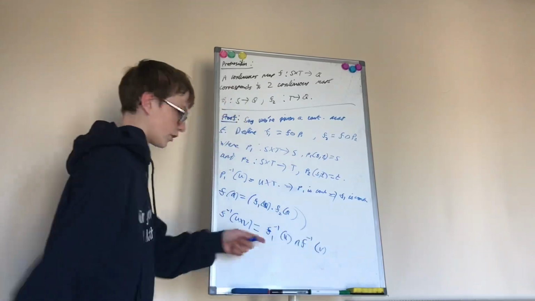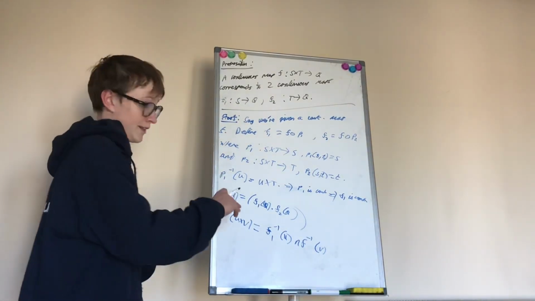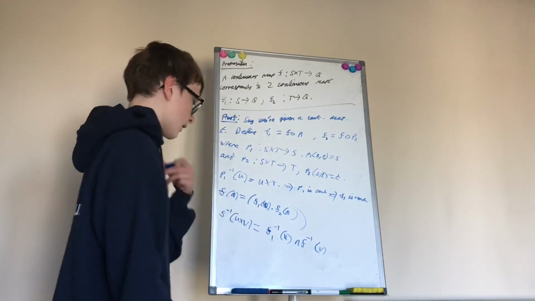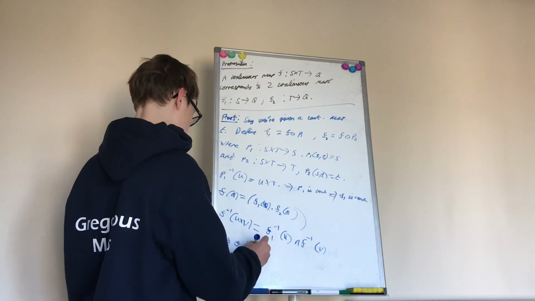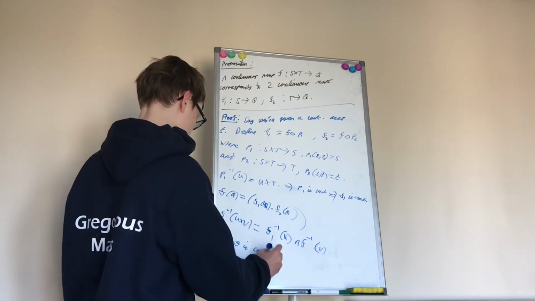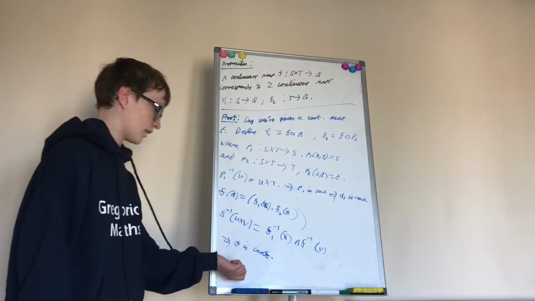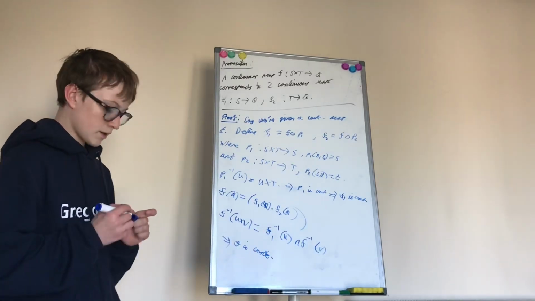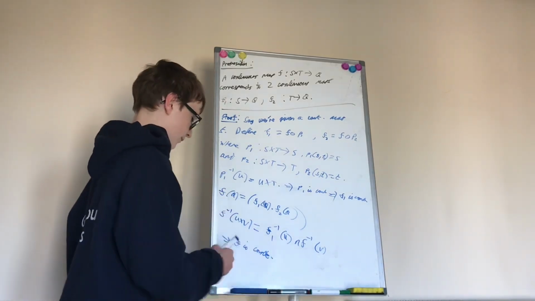This is open, this is open. The intersection of two open sets is open by the definition of topological space. Hence, F is continuous. Okay, we can do the same thing for F2, but okay, F is continuous. And therefore, we have proven this proposition both ways.